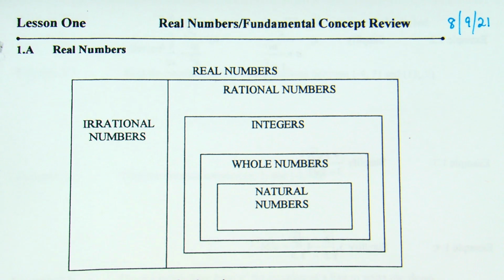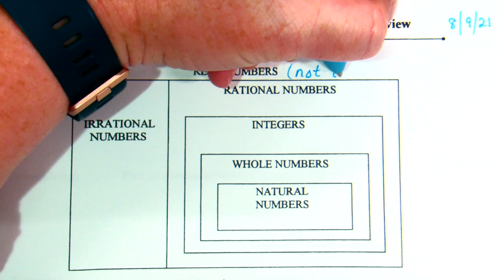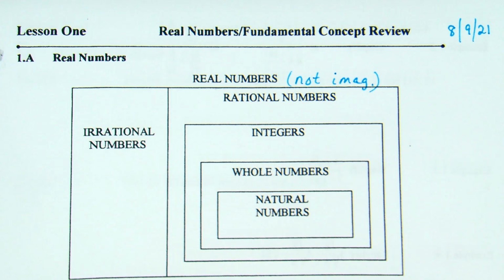We use them a little bit in pre-cal, but we don't really talk imaginary numbers. So everything falls under the real number umbrella here. Real numbers, not imaginary, is the point.